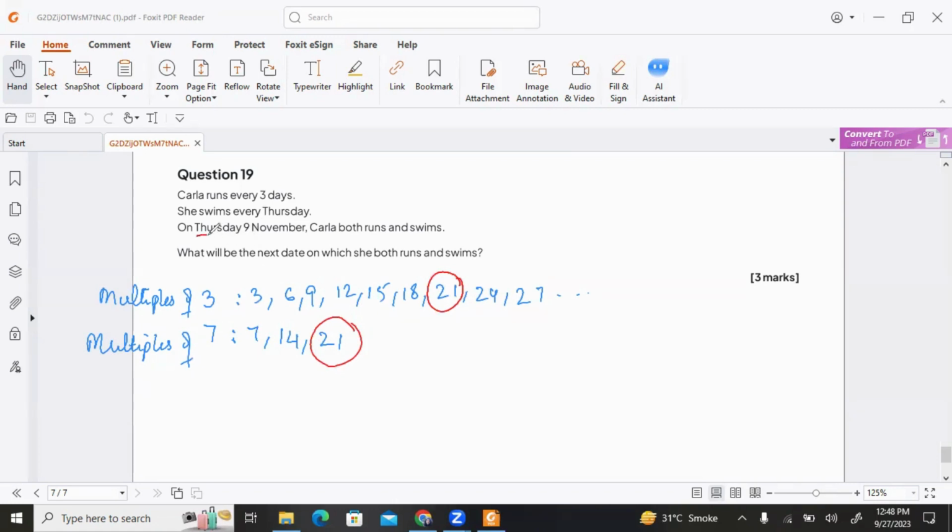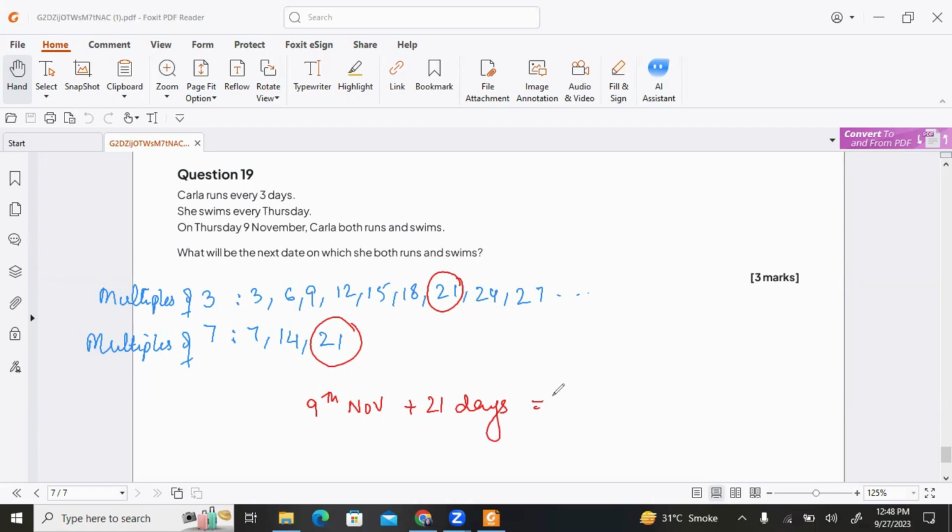That means if on Thursday 9th November she both swims and runs, when is she going to both swim and run next? So that means 9th November plus 21 days. Now what is the date going to be?